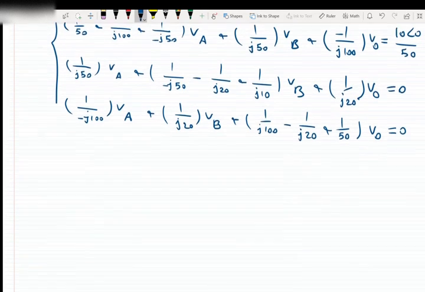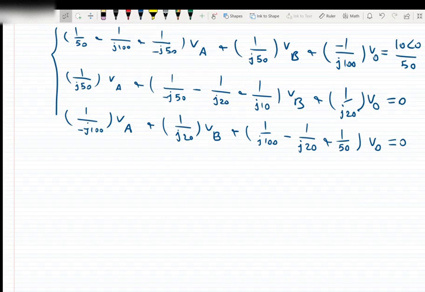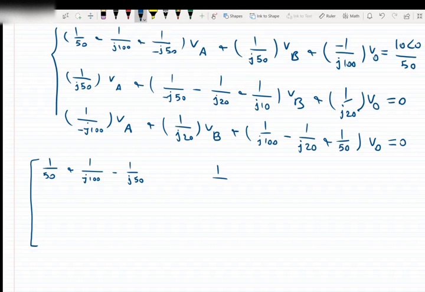Now that we reached this point, we need to substitute these values in the matrix. So we will have negative 1 over 50 plus 1 over J100 minus 1 over J50. We have 1 over J50, we have negative 1 over J100.